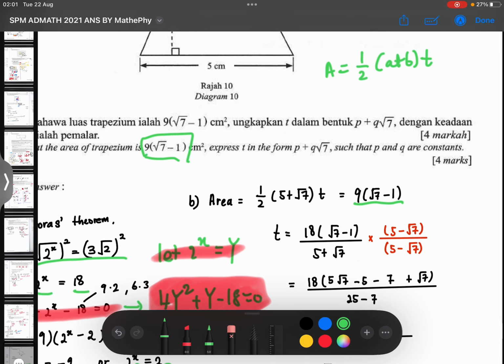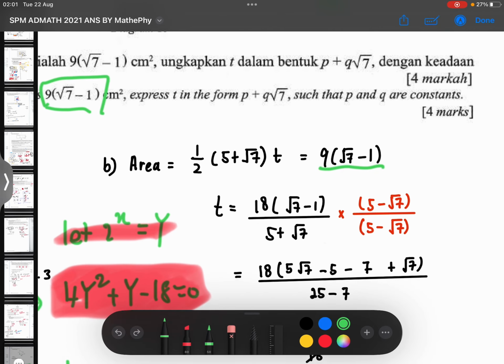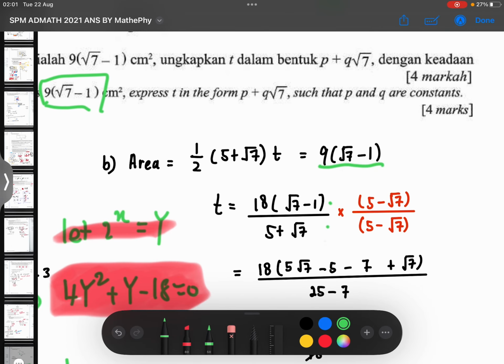If you see the surd at the bottom of the fraction, you need to rationalize it by multiplying both top and bottom by the conjugate. So the conjugate of the denominator, not the numerator, alright? The denominator usually. But sometimes you need to multiply by the conjugate of the numerator.